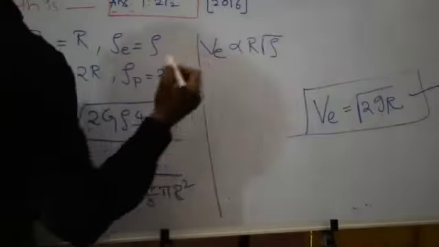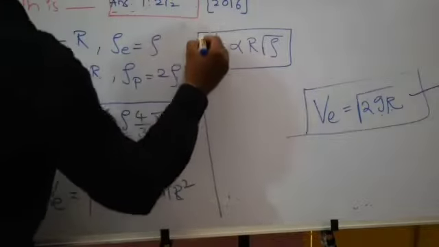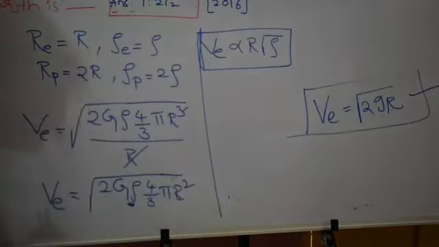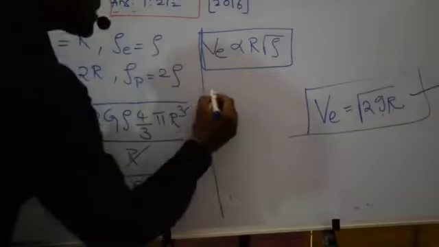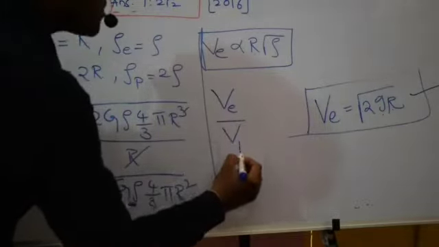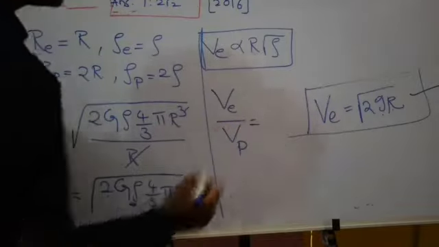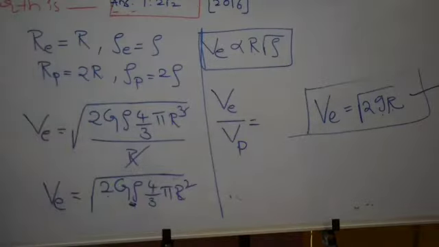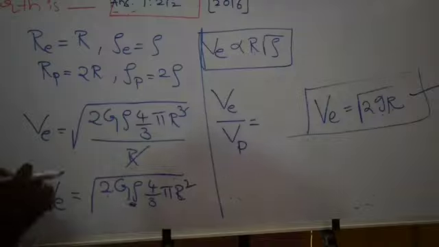So this is the escape velocity equation in terms of radius and density. Now I am writing the escape velocity of the earth divided by the escape velocity of the planet, that is equal to the escape velocity of the earth divided by the escape velocity of the planet.